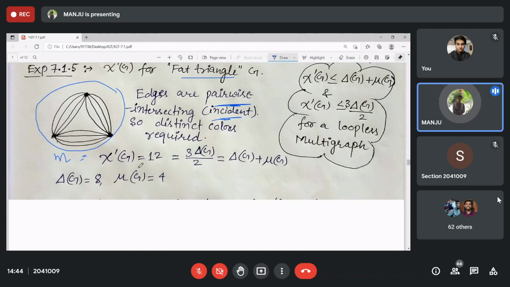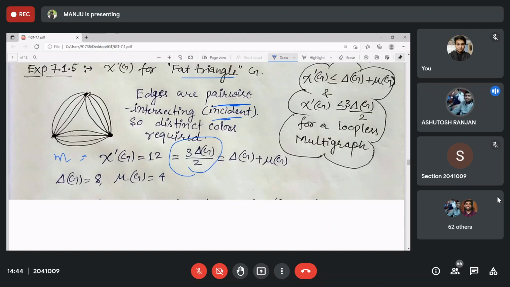You can verify it. This is coming as 3/2 delta of G. What is delta of G? The maximum degree of this vertex? 8, 8 and 8, right? And 12 is 3/2 into 8, right? Delta G is also 8. Regular graph? Yes.